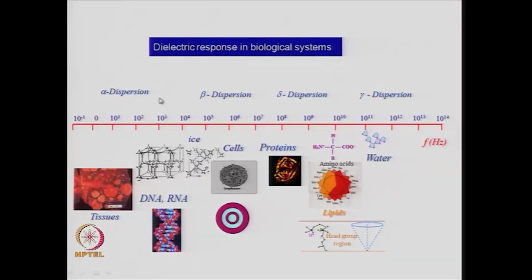So, hence there will also be a dielectric property, some dielectric constant, of biological systems. So, that is what is being shown here, that you see that in tissues or in DNA, RNA, in cells, in proteins, in amino acids, and of course, in water, which we discussed earlier, which has a dielectric constant of around 80. You can see that all of them show dielectric response.